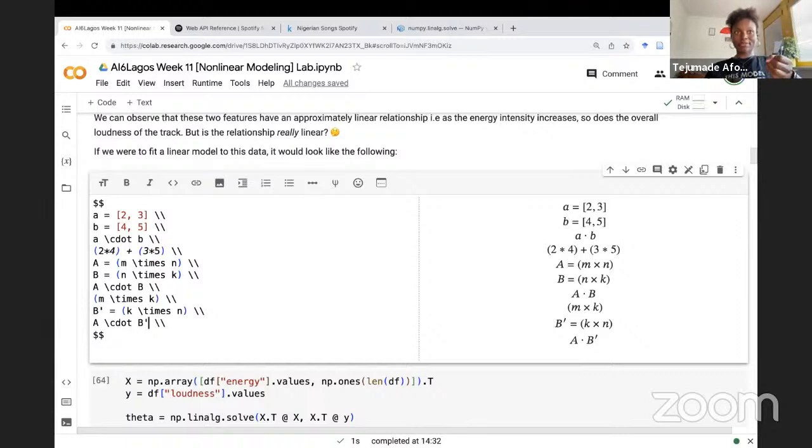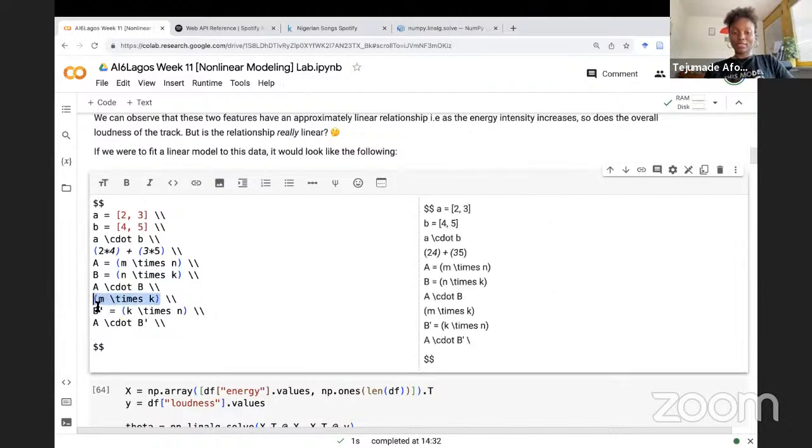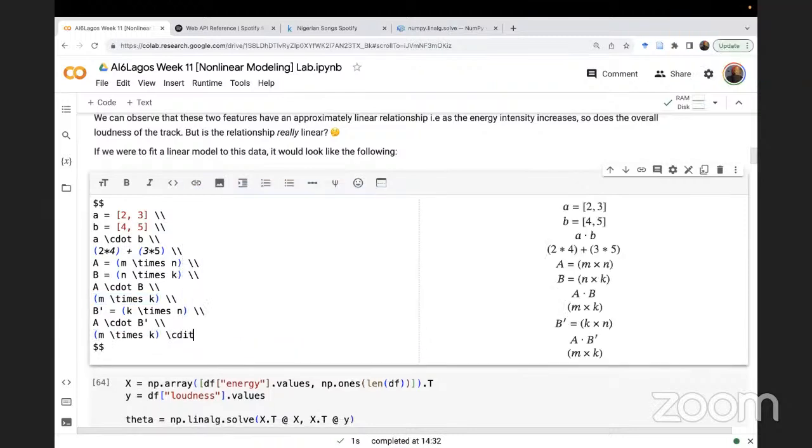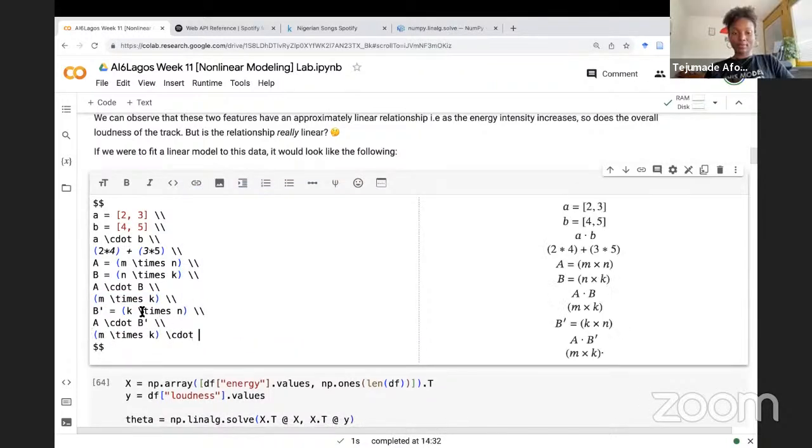It's not the same shape. Thanks, Gamelia. So the shape is not in a way that you can do this dot multiplication. You cannot do this multiplication. Does anyone want to say something?